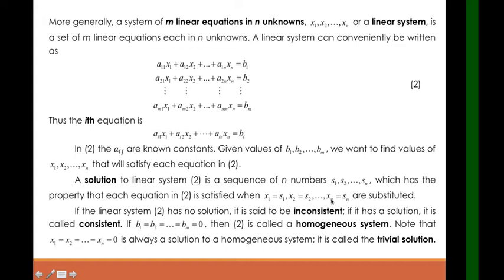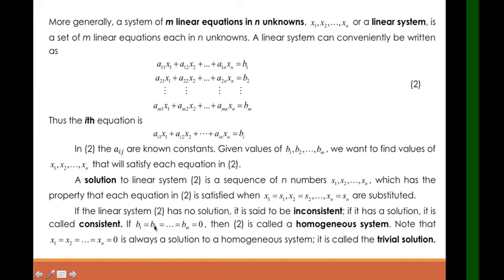So, masasatisfy daw yung solution kung may value dito that will equal to the given linear system, no? Ito yung b sub 1, b sub 2, up to b sub m. Now, if the linear system, number 2, has no solution, pag wala daw siyang solution, hindi siya masasatisfy, then it is said to be inconsistent. If it has a solution, then it is called consistent.